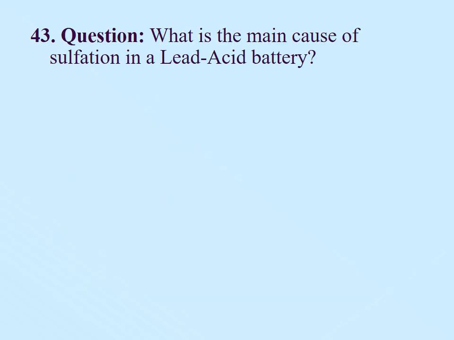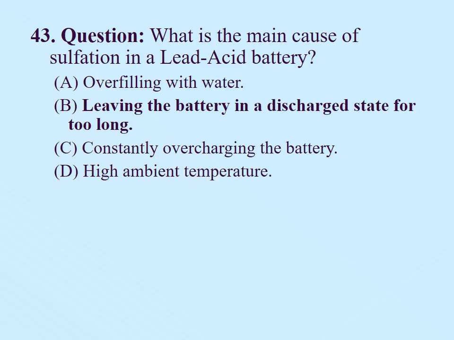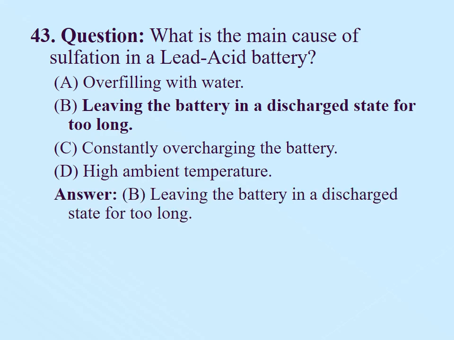Next question. What is the main cause of sulfation in a lead acid battery? Option A, overfilling with water. Option B, leaving the battery in a discharged state for too long. Option C, constantly overcharging the battery. Option D, high ambient temperature.